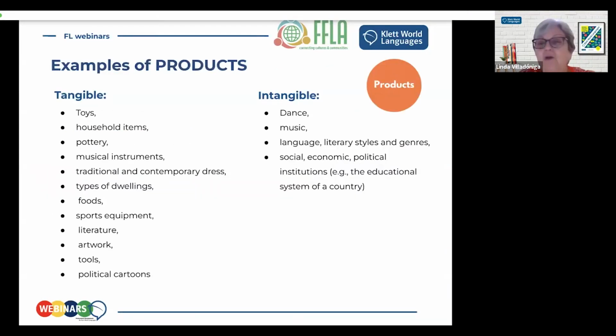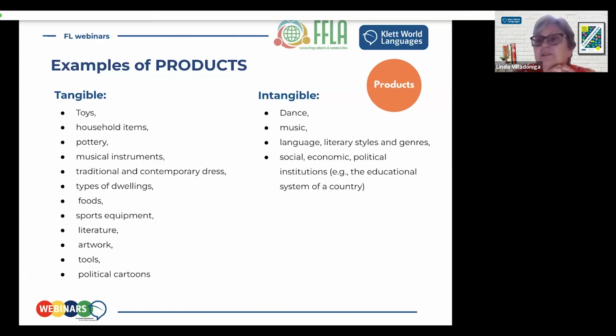We do. Okay, let's talk about products. There are tangible products that you can touch and feel and look at, and then there are the intangible ones. These, as I said before, are the easiest for us to teach as teachers and also for the students to learn and internalize. Toys, for example. Every culture has toys.